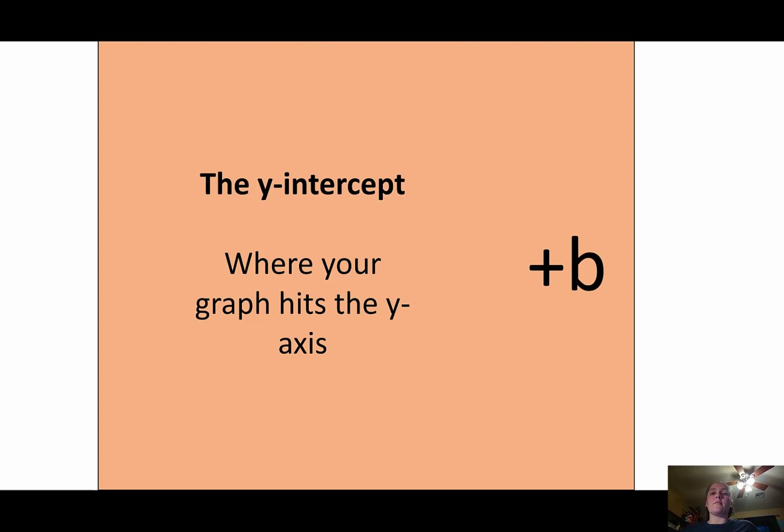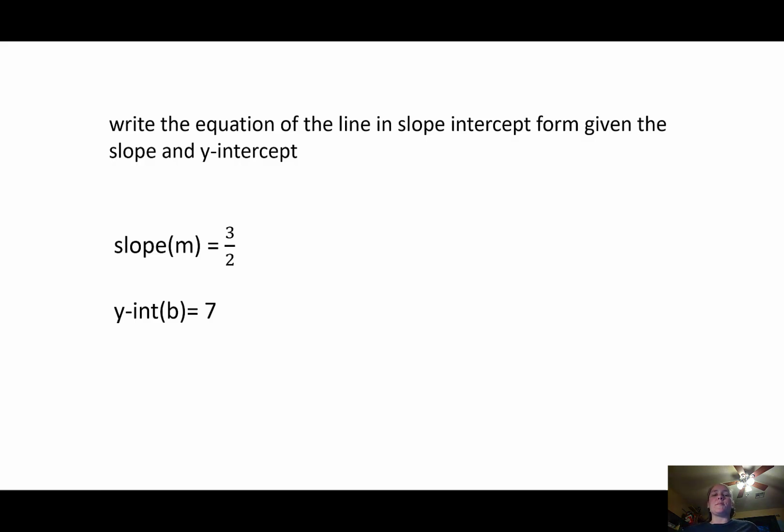That's all I need. So if I'm told, write the equation of a line in slope-intercept form, given a slope of 3/2 and a y-intercept of 7, all I'm going to do is use the formula y equals mx plus b.